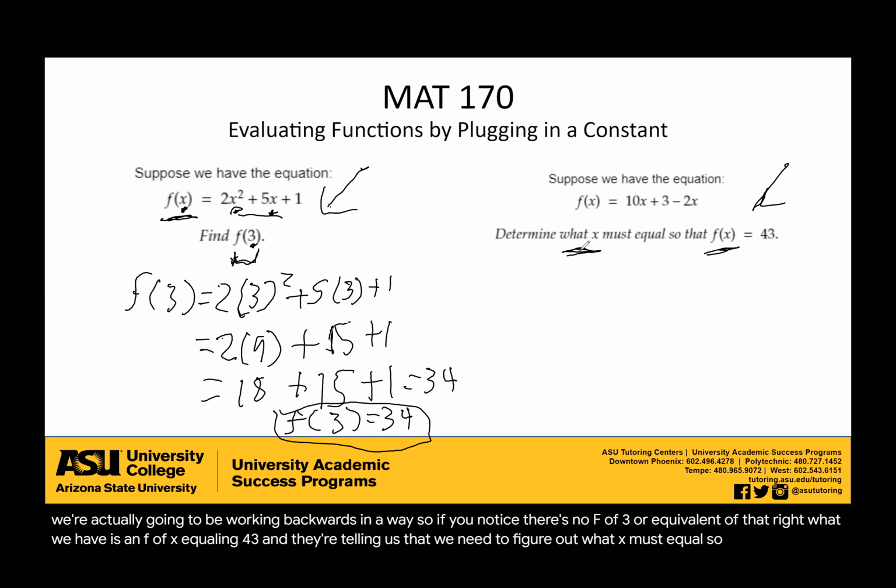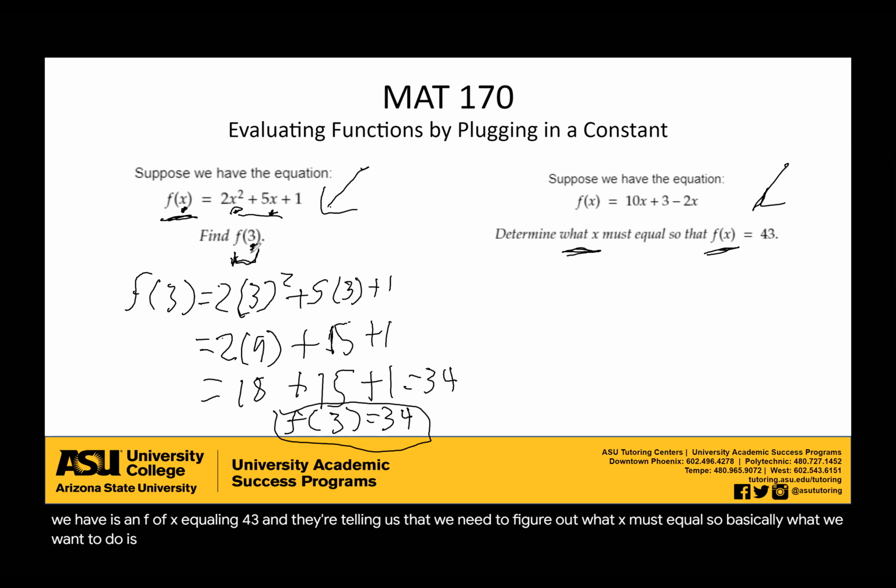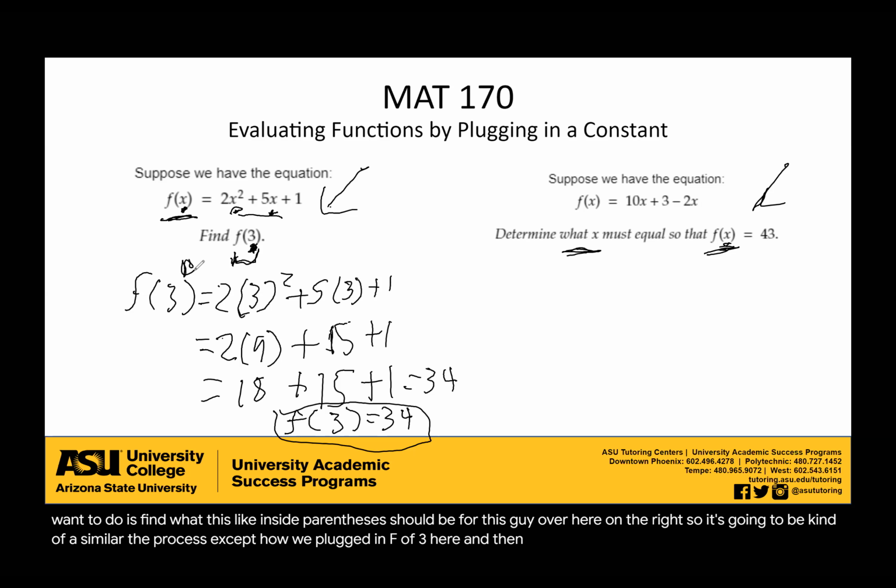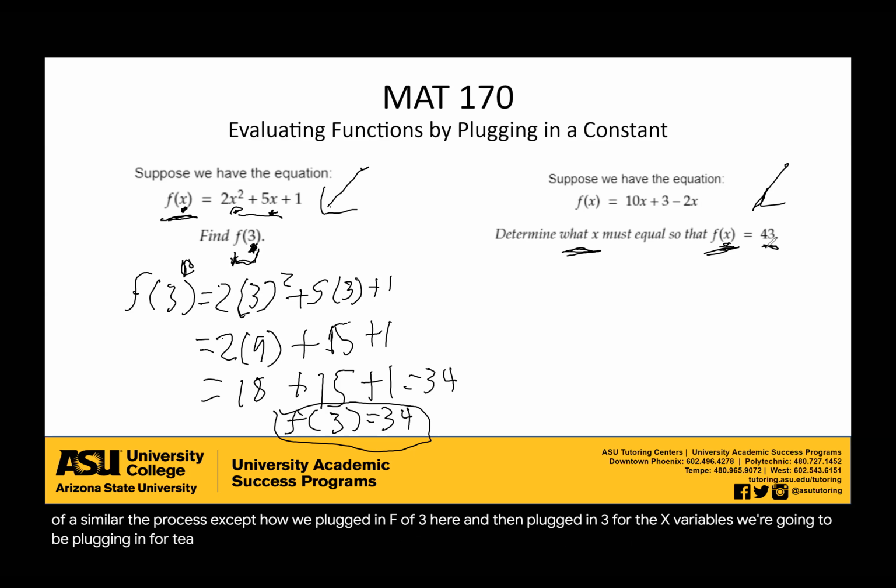So basically what we want to do is find what the value inside the parentheses should be for the result on the right. It's a similar process, except where we plugged in 3 for the x variables before, we're going to be plugging in 43 here for the f of x up here. So we'll go ahead and do that.